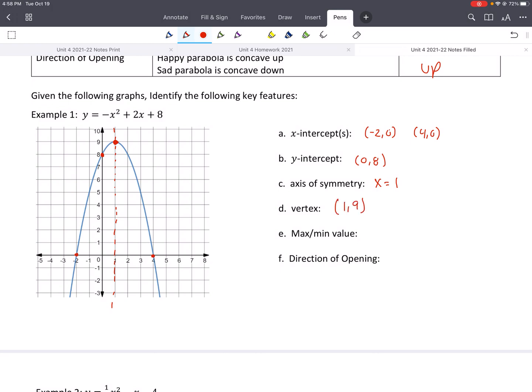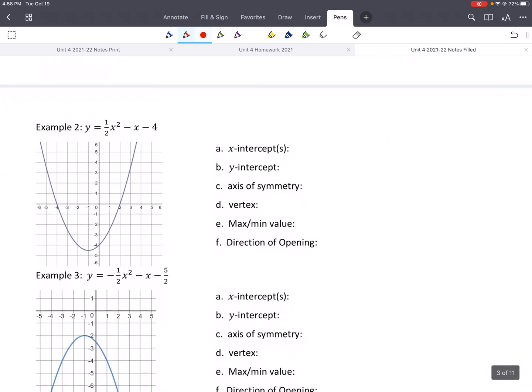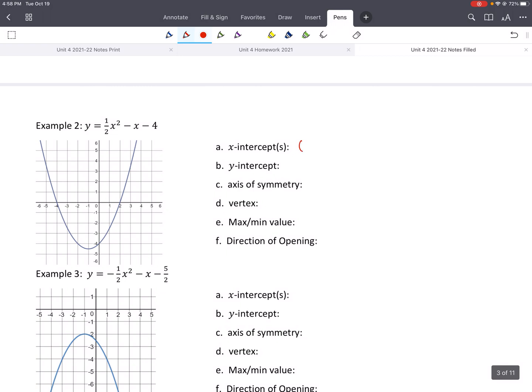And then do we have a maximum or a minimum? Here it is a max, and its value is 9. So max of 9. Direction of opening here is down. Okay. So I'm just going to write these other ones really quick if you want some more practice.